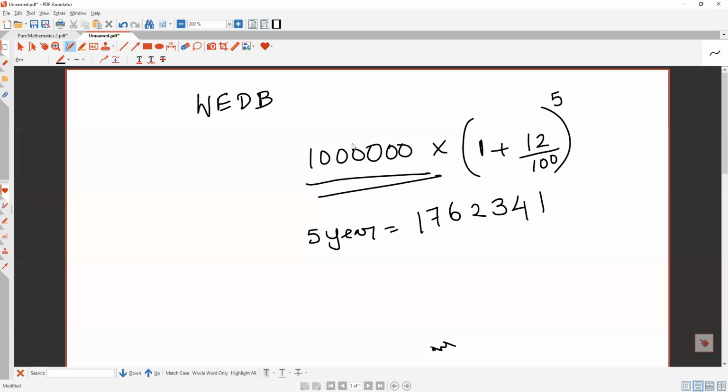Now the government gives you this, the Bangladesh government, not any bank, and it is available in Oman. If anybody wants to do it, they can get in touch with me and I can tell you where to go. As I said, it's a personal choice. So sitting there you earn 17 lakh taka in 5 years, so imagine for those who have 1 crore. This is where your money goes, right?